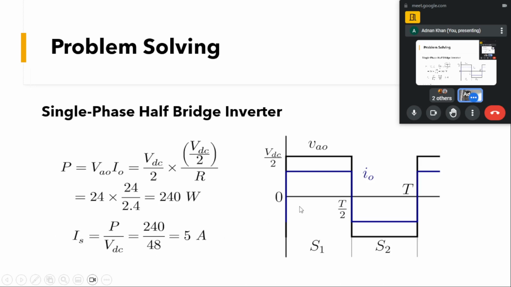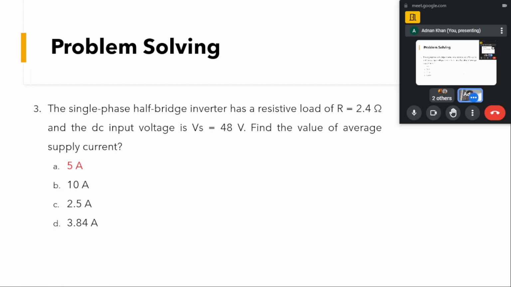It was quite simple, we only had to understand the approach to solve this question. So the correct option is A, that is 5 amps.